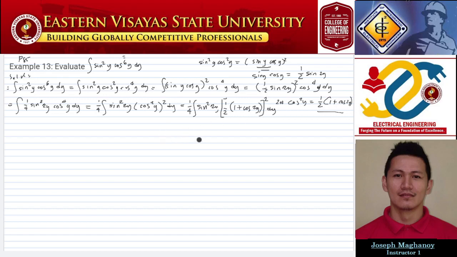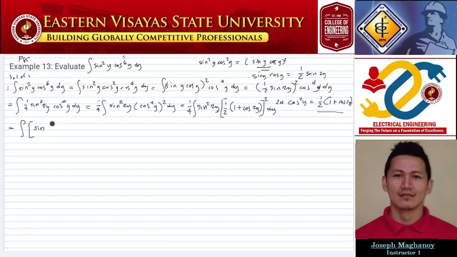Okay, so what is our next step? Since we have a common power of 2, we combine this term. So power of 2, common power. So integral, we join this sine squared 2y inside the bracket.